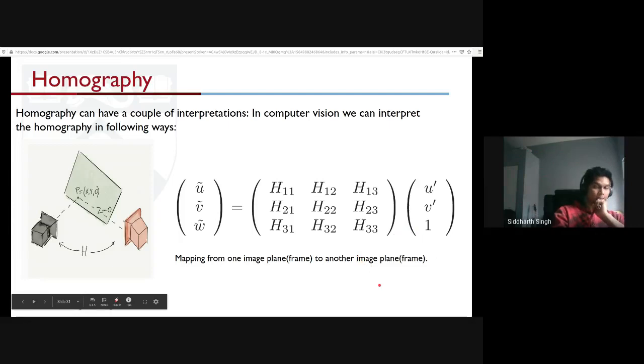It's just a mapping that you can calculate between any two frames. So even if it is the image planes of two different cameras, a homography will exist that can transform every point in this camera to every point in this camera. So don't think about homography as something only which goes from the world frame to the image plane. It can be from any frame to any frame, right?